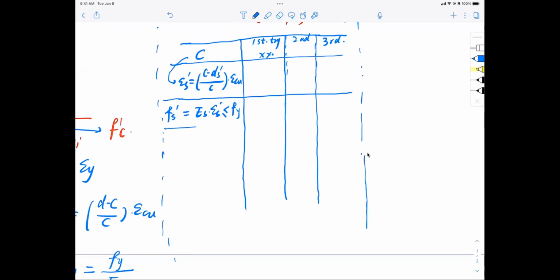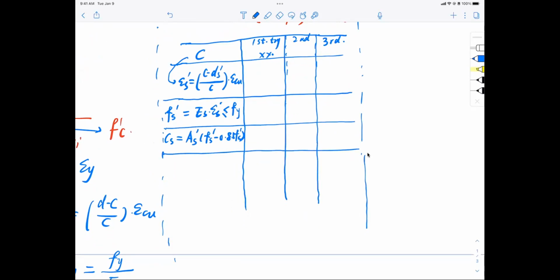And you do that. Next one is CS, remember, compression force for the steel equal to AS prime, area of steel in compression, multiplied by Fs prime minus 0.85 F prime C, okay? And then that is the total compression force.